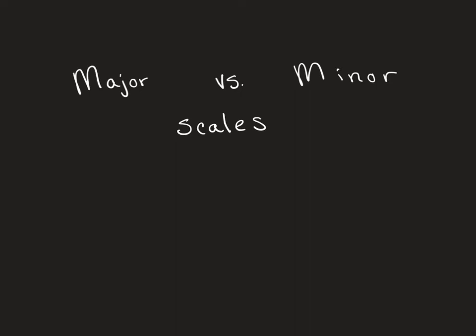And that all comes from the notes that are in the scale and where the half steps and whole steps are. So let's take a look at the notes for the D major scale and see what gets changed. So I'm going to write that scale out right here.